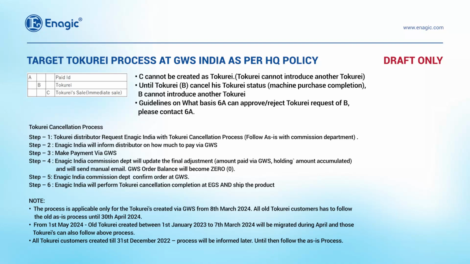From 1st May 2024, old Tokures created between 1st January 2023 and 7th March 2024 will be migrated during April, and those Tokures can also follow the above process. All Tokure customers created till 31st December 2022 will be informed later. Until then, follow the as-is process.